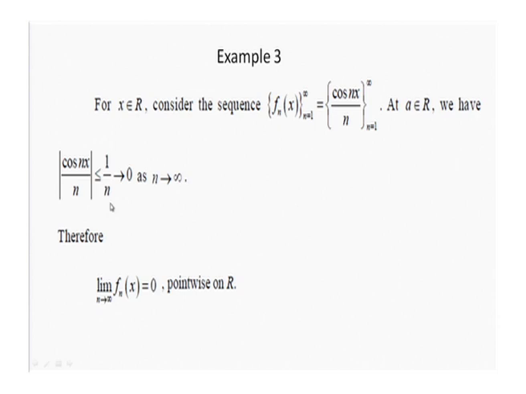So it depends on epsilon alone. So here cos(nx) by n converges to 0 pointwise, and in fact, because n_0 depends only on epsilon and not on x, we say this kind of convergence is uniform convergence.